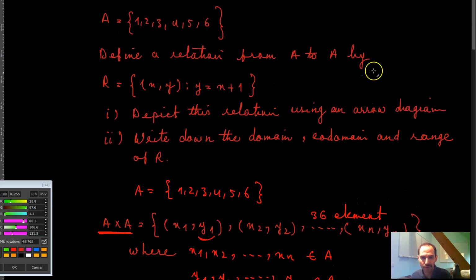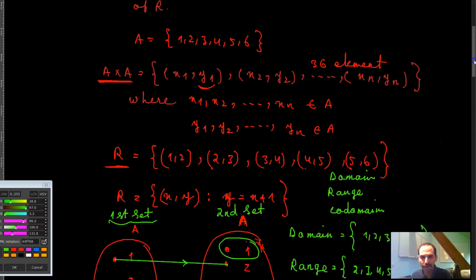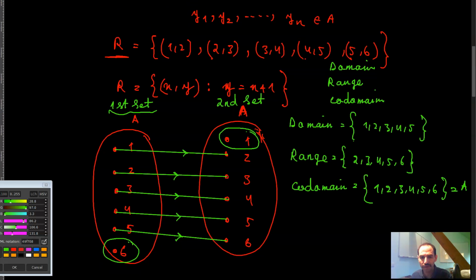You can make a screenshot here if you need to. And also make a screenshot here if you need to. Or you can probably rewind the video, whatever it is that you want to do. But this is the type of situation that you need to understand, because if you don't understand this, you will not be able to understand functions.